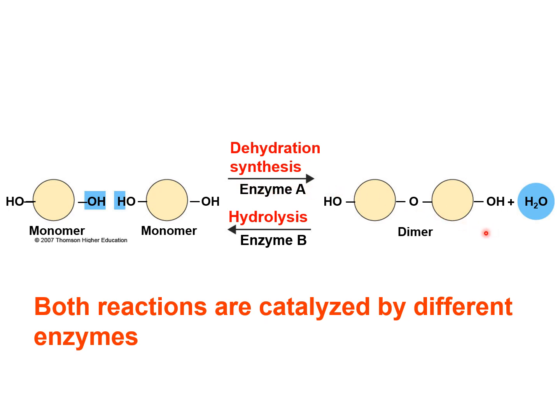If we go the reverse direction back to the left, we can do a hydrolysis reaction and break the dimer apart back into the 2 monomers. We would add the water molecule with the help of the enzyme and break those monomers apart and separate them.